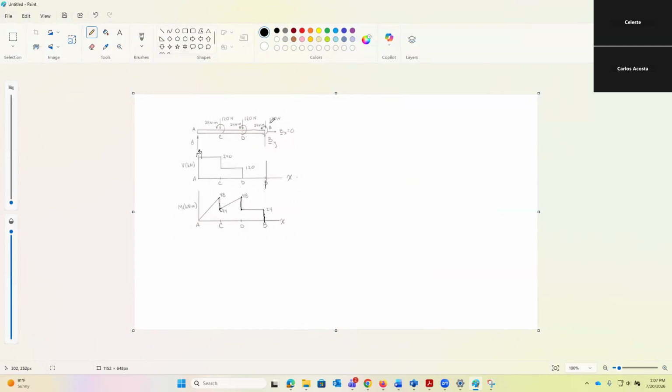And then there's another force right there, and then By is 120. I think I made a mistake.